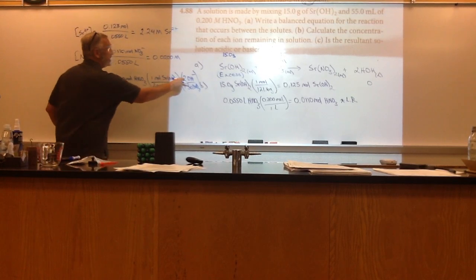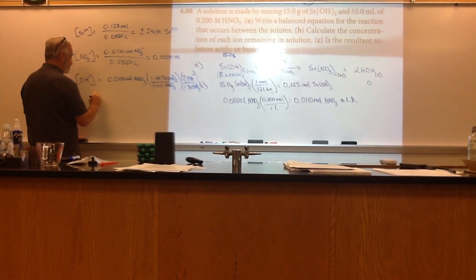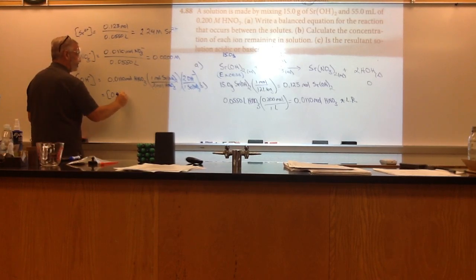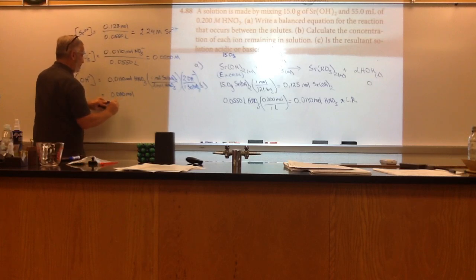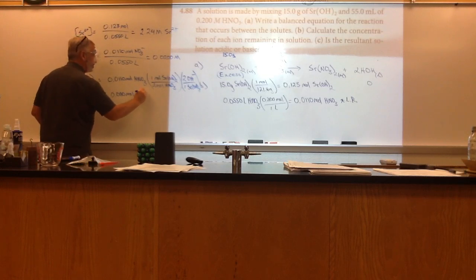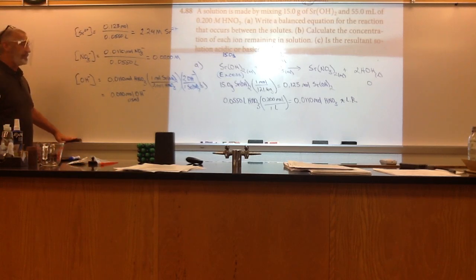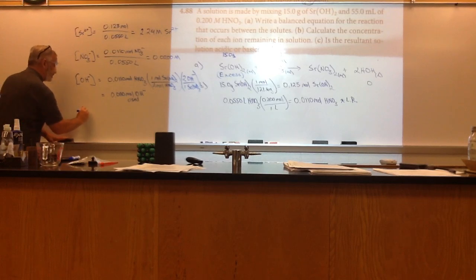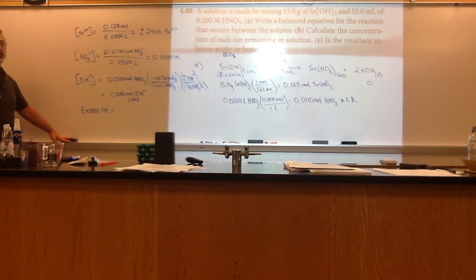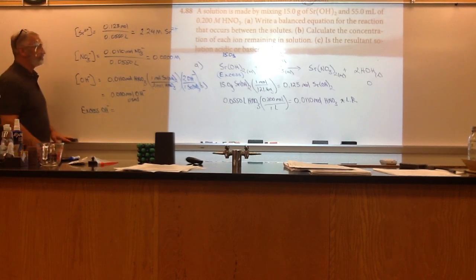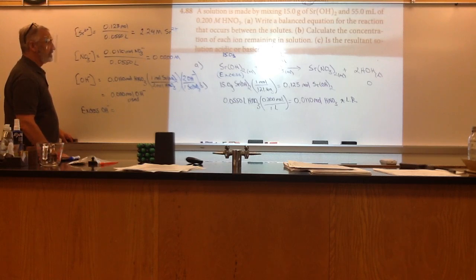Which means, again, these 2's are going to cancel out. So the OH minus that's used, how much was given? How do I find the excess OH minus? Take the molarity of Sr(OH)2 and divide it by 2. Why divide by 2? Because there are 2.